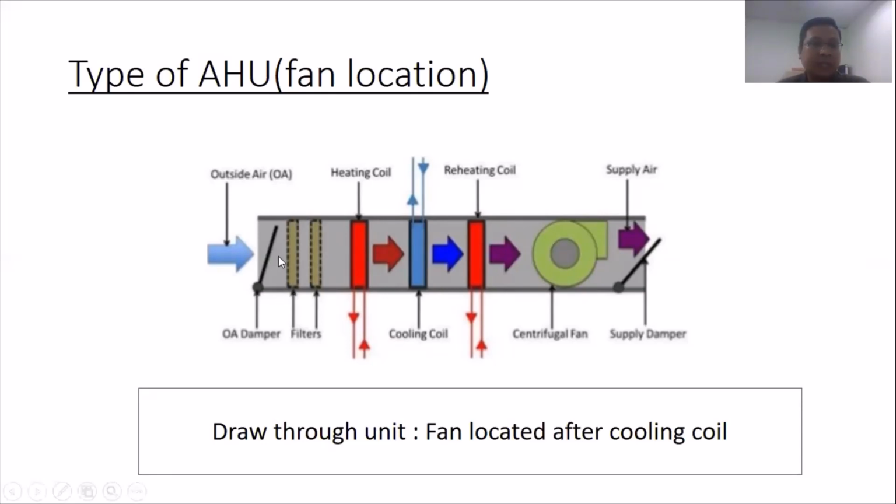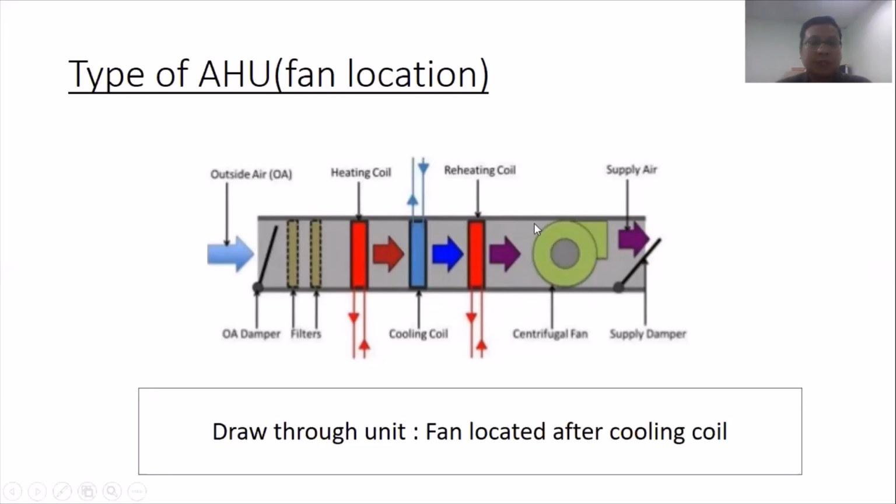Then to the filter, then the heating coil, then the cooling coil, and then reheating again, and then to the centrifugal fan, and then supply to the duct or other duct or to the inside room.